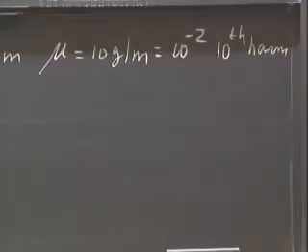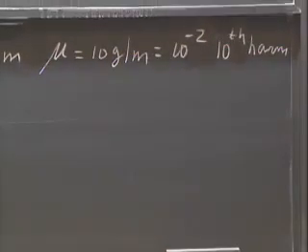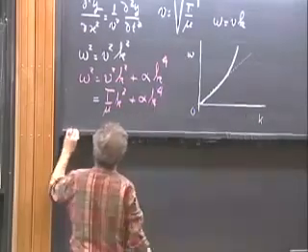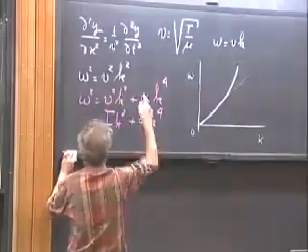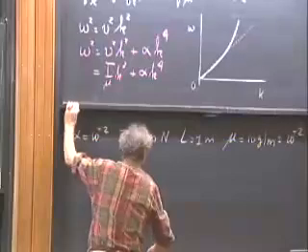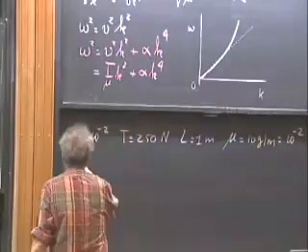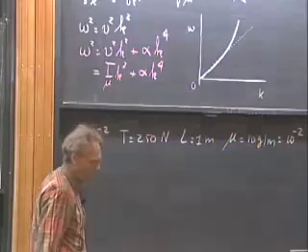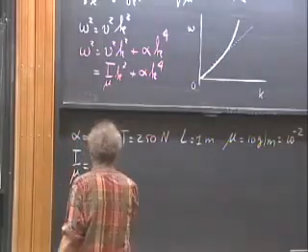Well, this can be written, I will write it down again, as T divided by mu times k squared plus alpha k to the 4th. This V, remember, was T divided by mu. So T divided by mu, that's easy enough. That is 2.5 times 10 to the 4th.